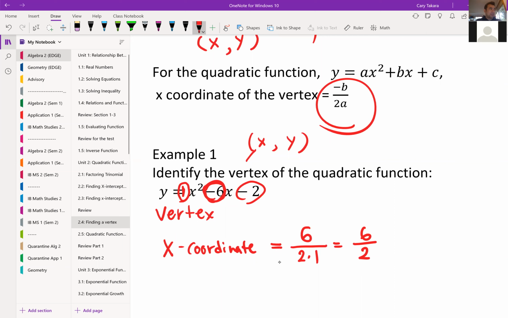So what's 6 divided by 2? It is 3. So you just found the x coordinate of the vertex. That wasn't too bad, right? That wasn't so difficult. Now the question is, how do we find the y coordinate?